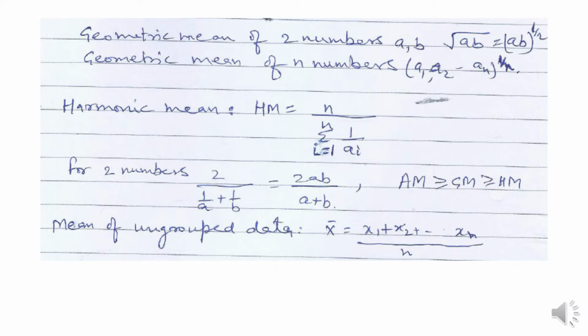Geometric mean of two numbers a and b is under root of ab, or ab to the power half, that is the square root of ab. Geometric mean of n numbers, if we are having n numbers, so we will have the nth root of the product of these numbers, a1 a2 a3 and so on.